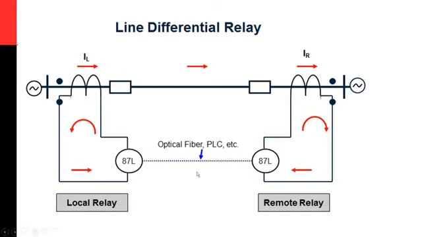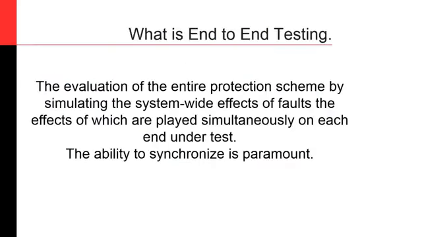But there are so many issues that could happen with the communication between the relays and with the interpretation of the signals that is made at both ends for the same fault that is applied on the line, that of course the only way to ensure the proper testing of such a scheme is to apply signals at the same time on the relays, and of course evaluate whether both those relays acted properly or not.